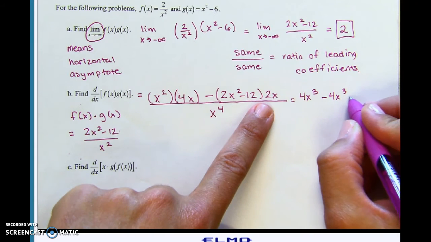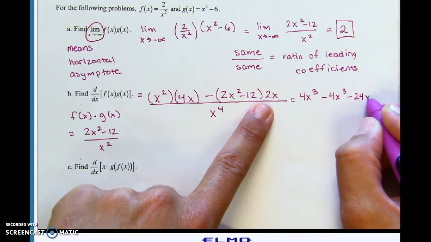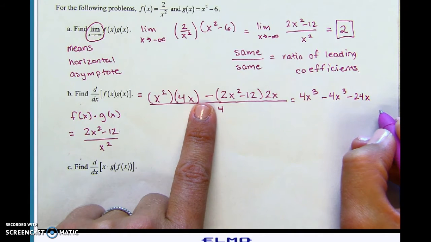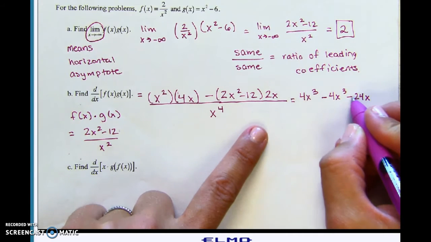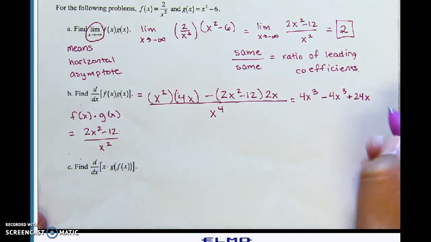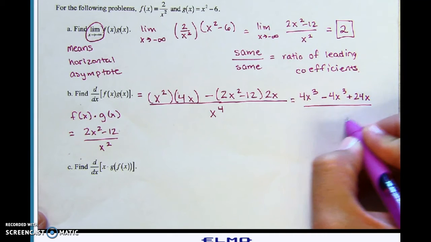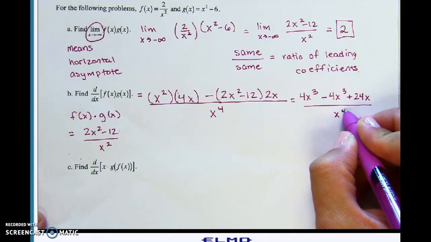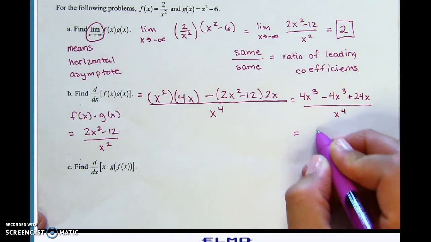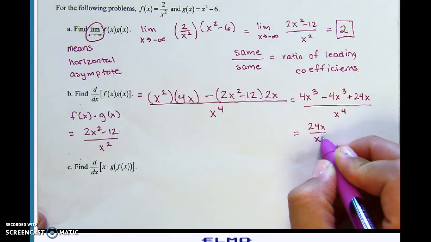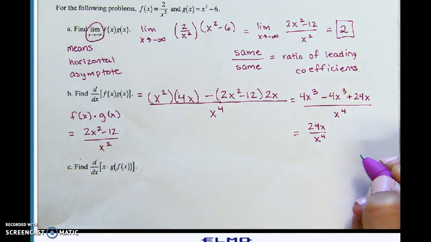Negative 12 times 2x is minus 24, but you have to distribute this minus sign. So negative times a negative is a positive. And what do you notice about the 4x cubes? Cancel. So we get 24x over x to the 4th.